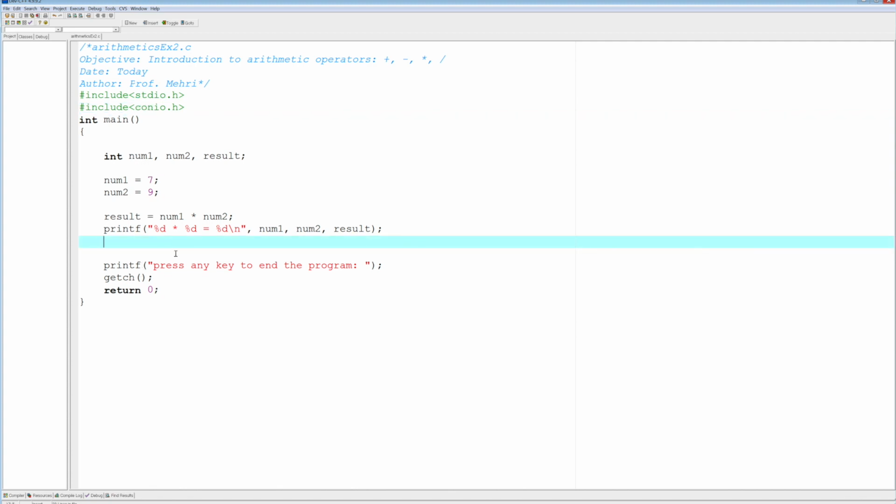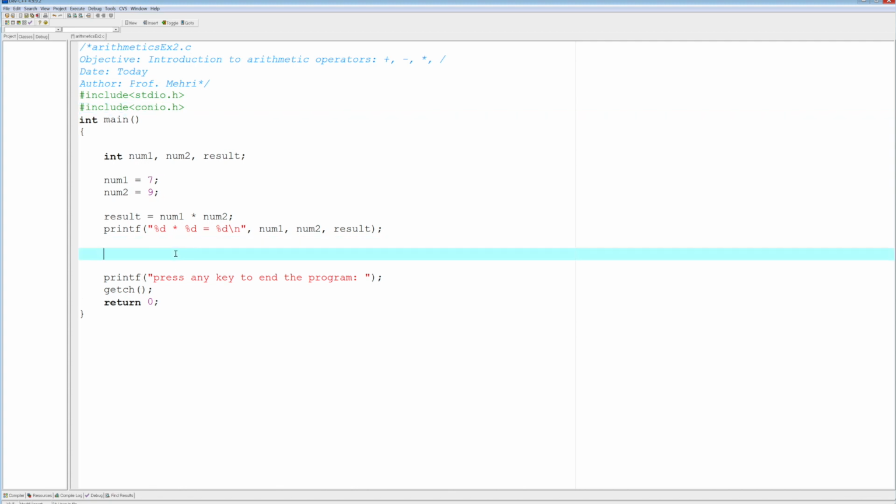Okay, well, let's do a division. Let's do an integer division. Now we could do it in the printf statement itself, or we could change the result if you want. So %d divided by %d equals %d. The result is an integer, \n.